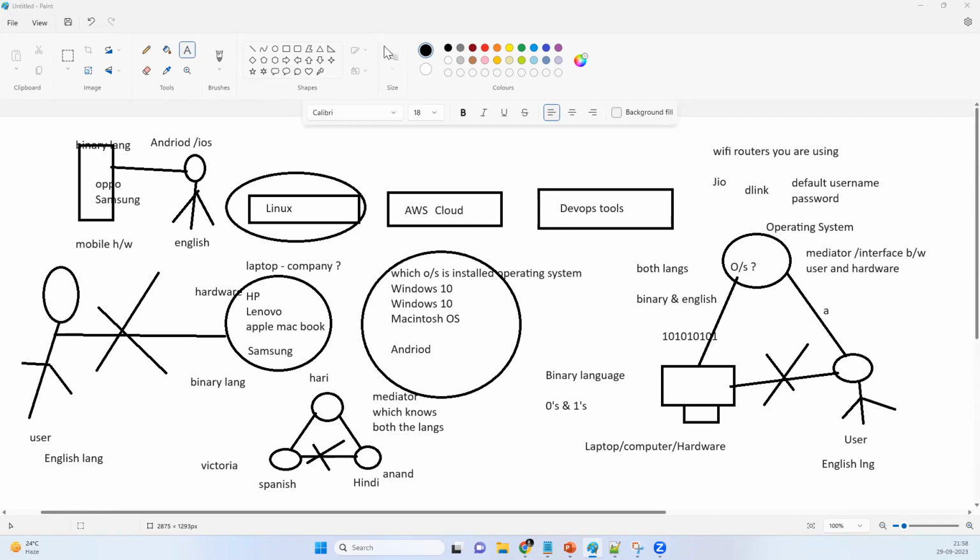What is an operating system? Operating system is a mediator or interface between user and hardware, right?